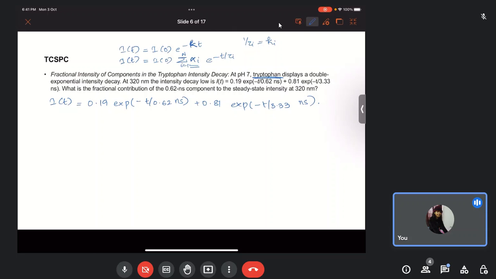So what is the fractional contribution of the 0.62 nanoseconds component to the steady state intensity at 320 nanometer emission?